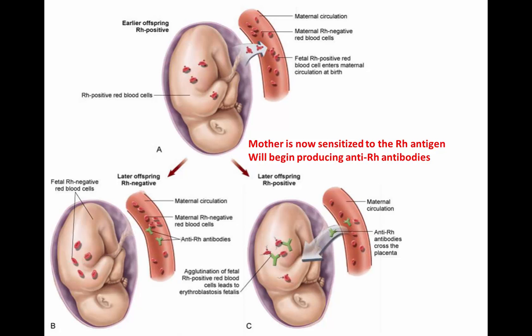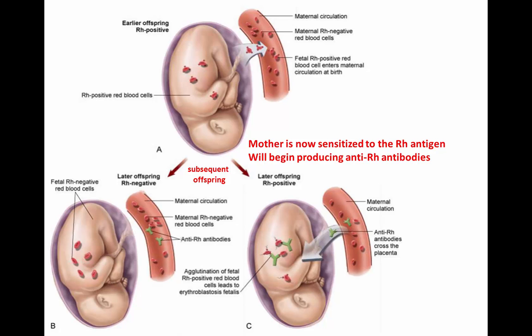The concern lies with the subsequent offspring who also may have the Rh positive blood type. The mother's anti-Rh antibodies may cross the placenta and will agglutinate this baby's red blood cells, causing erythroblastosis fetalis or hemolytic disease of the fetus and newborn.